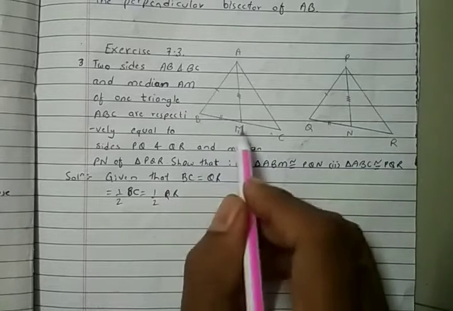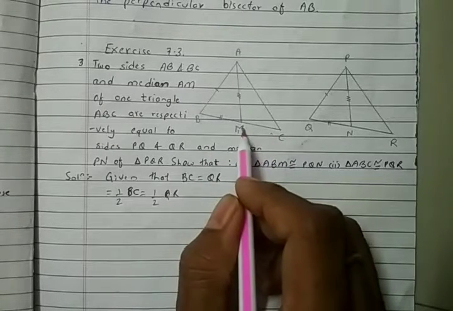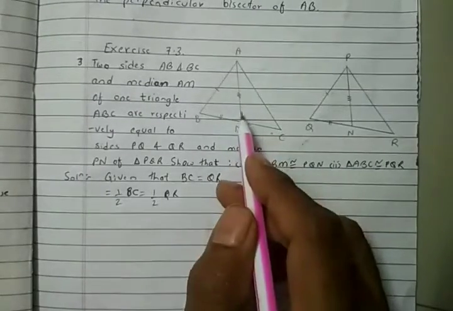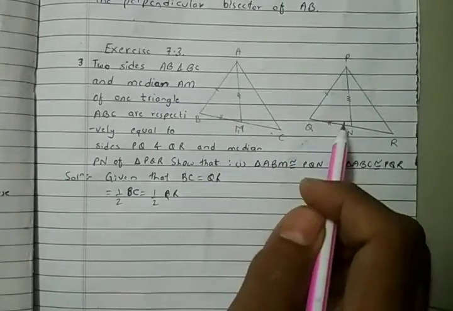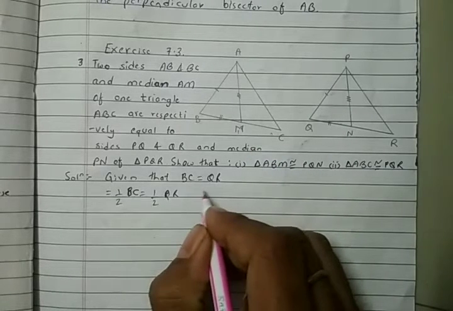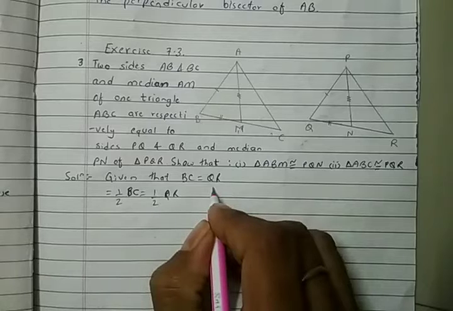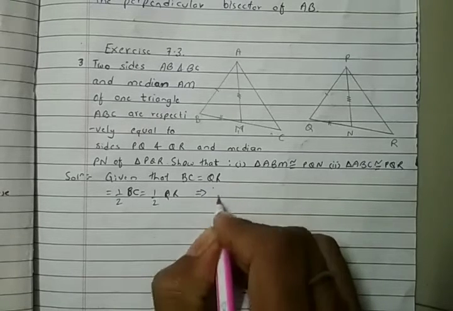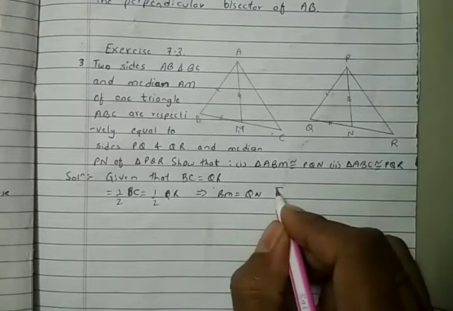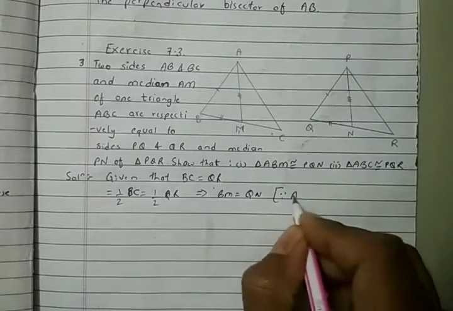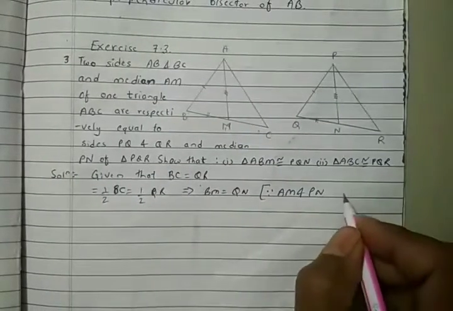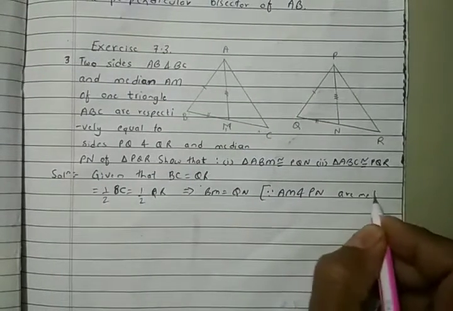It is BM, right? BM is half of BC. Why can we say that? Because AM is a median and PN is also a median. So we can write this as BM equal to QN, and the reason for this is AM and PN are medians.